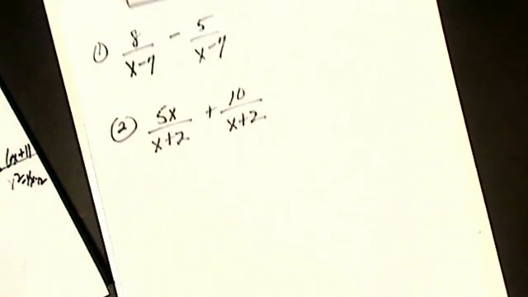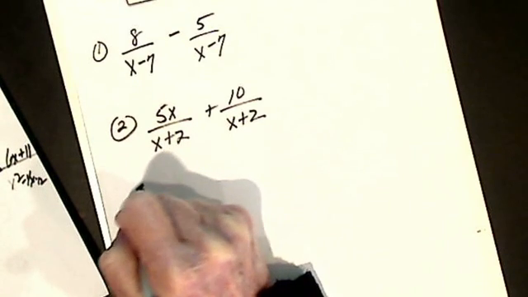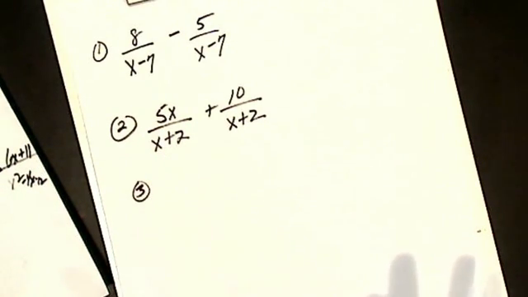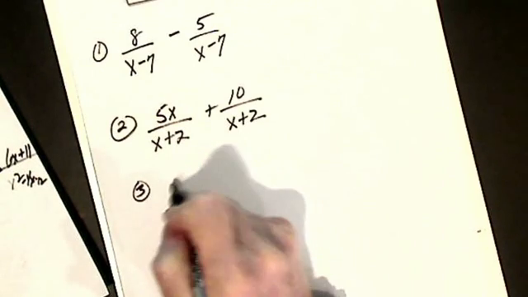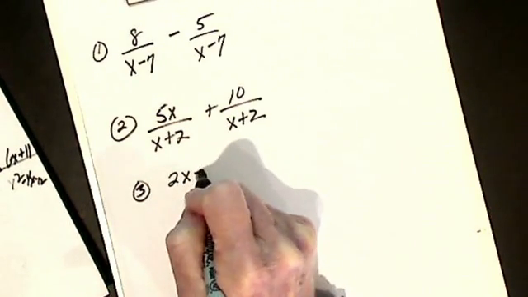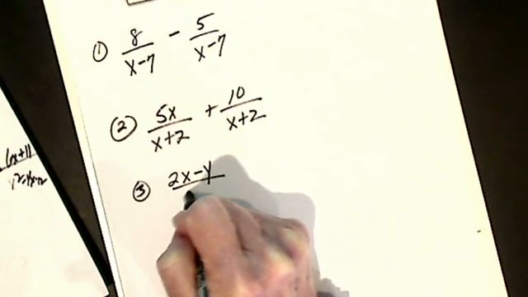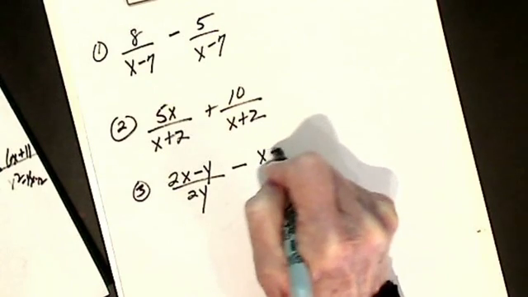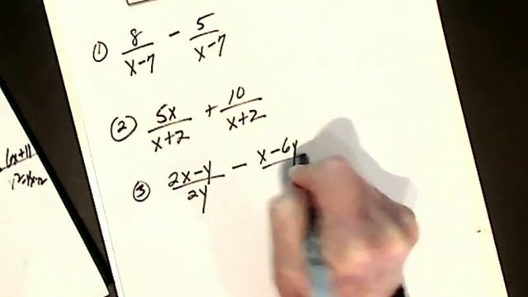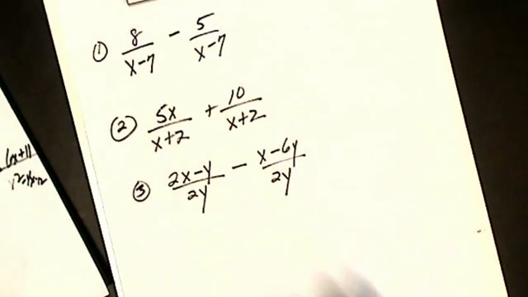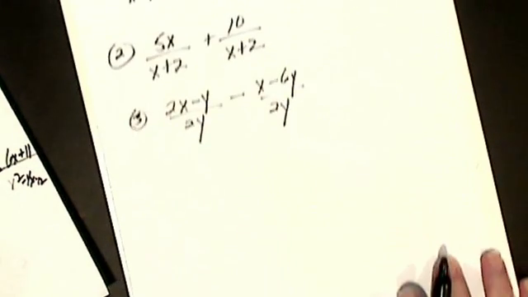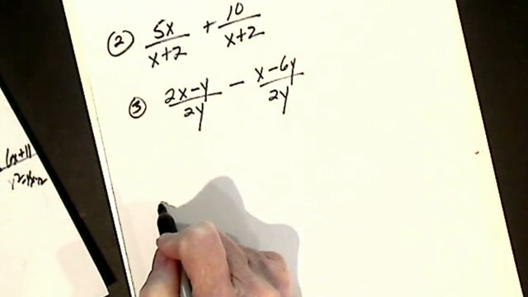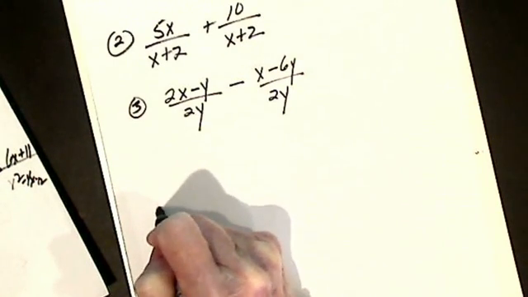Hopefully, everybody will get that right. All right, the last 2 are the hardest. All right, we got 2x minus y divided by 2y minus x minus 6y divided by 2y. Better leave lots of room for that one. And then one more.